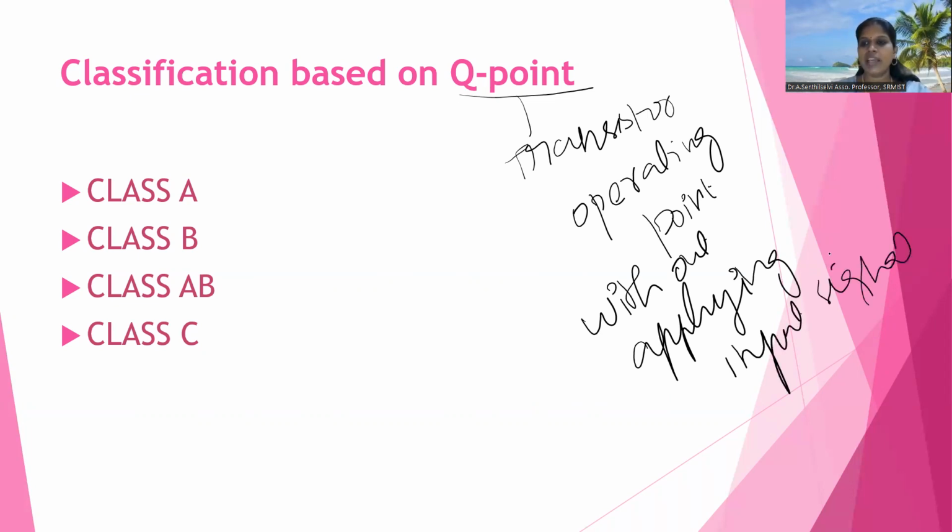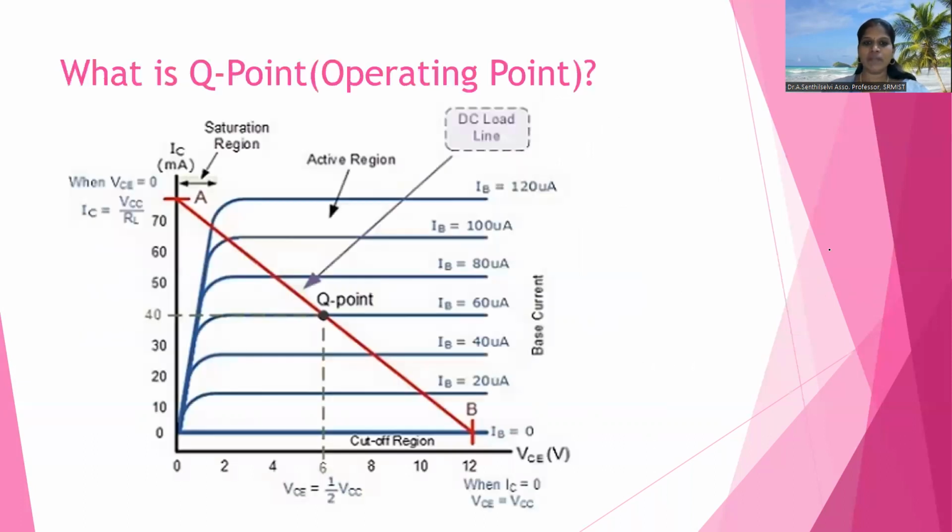It means that if you are applying a bias voltage, what is bias? You people know. The bias is an external voltage applied to the transistor to make the transistor work properly. While giving a bias to find the correct operating point of the transistor, that is called a Q point.